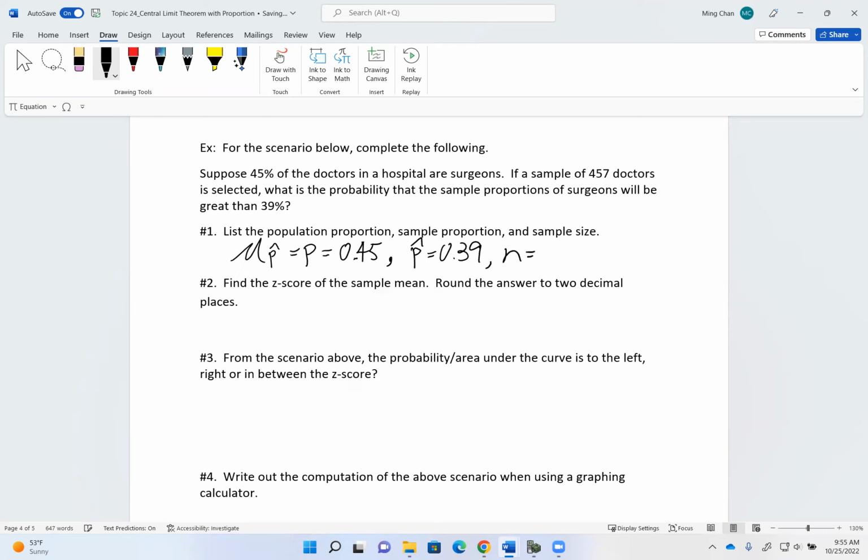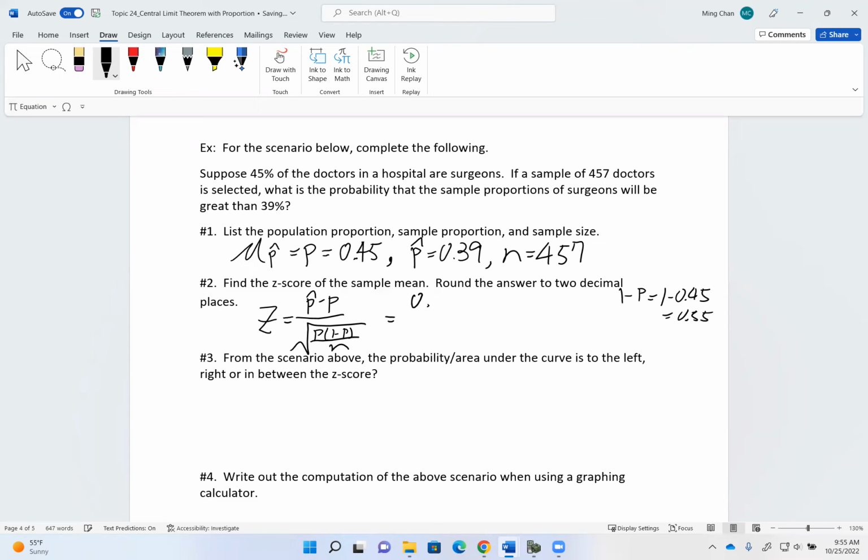Sample size 457. So z-score again: p hat minus p, divided by the square root. Gotta be very careful: what's inside the square root is p times 1 minus p, divided by n. So p is 0.45, so 1 minus p is 1 minus 0.45, which is 0.55.